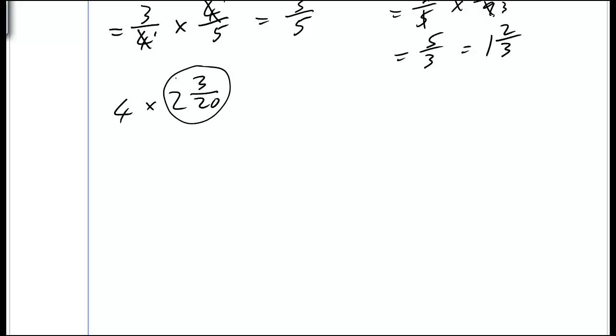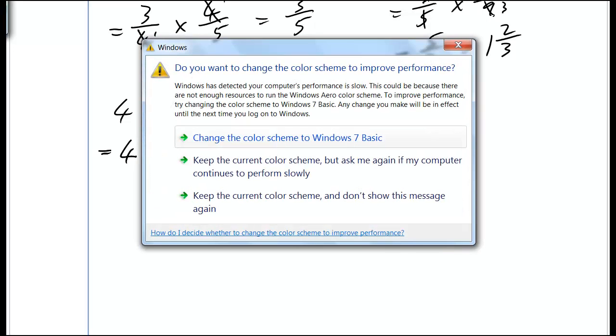Now here's the mixed numeral there. So you rewrite it and you go, right, we've got to change this mixed number into an improper fraction. So you go 2 lots of 20, 2 times 20 is 40, 40 plus 3 is 43.